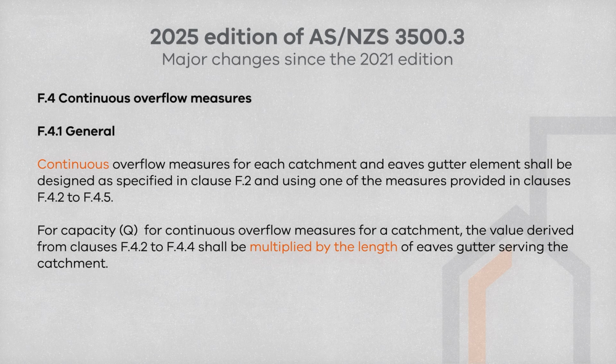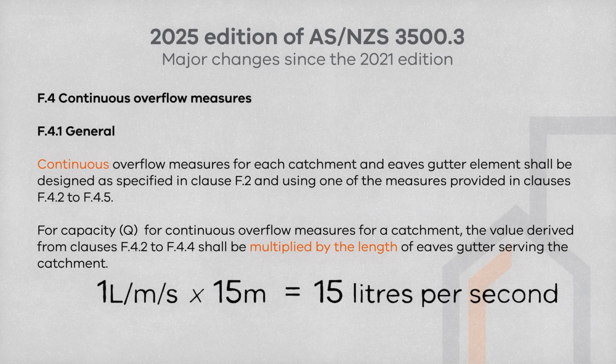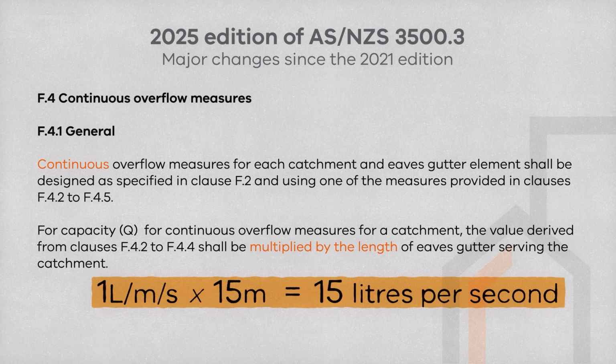If you selected a back gap gutter that can discharge 1 liter per second per meter, and your gutter is 15 meters long, you simply multiply 1 liter per second per meter by 15 meters, which means that the gutter can discharge 15 liters per second in total. This is a simple but very important step because it allows you to check whether your selected gutter can actually handle the overflow volume you calculated earlier.